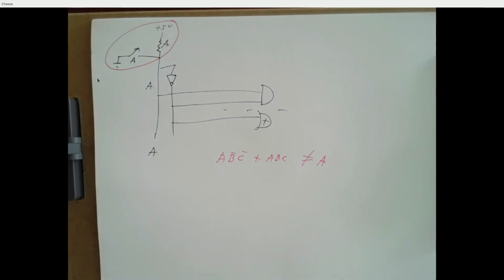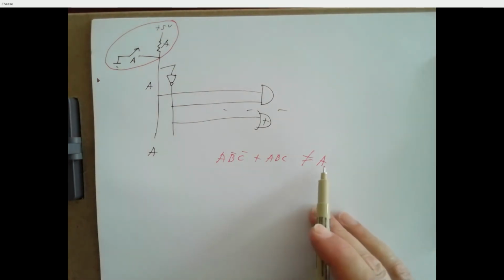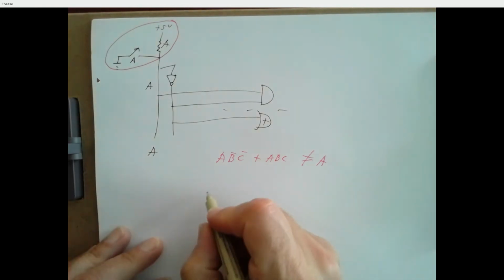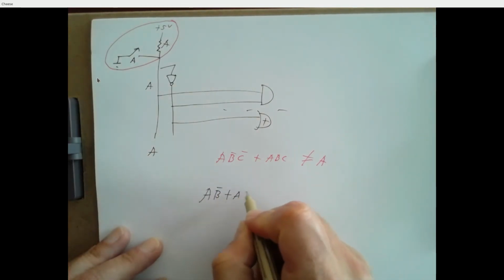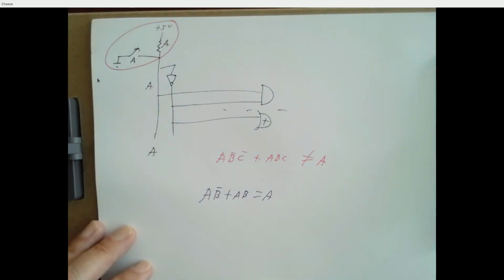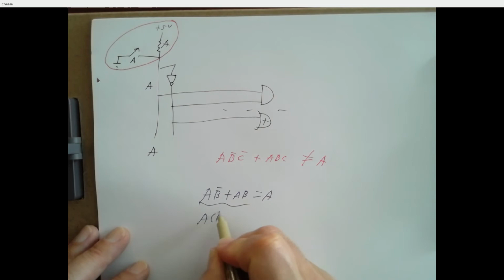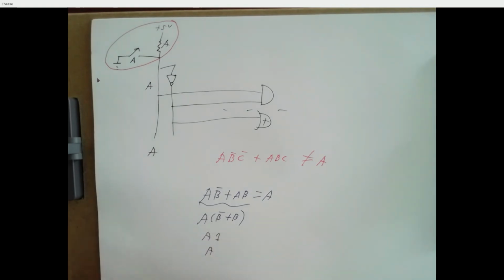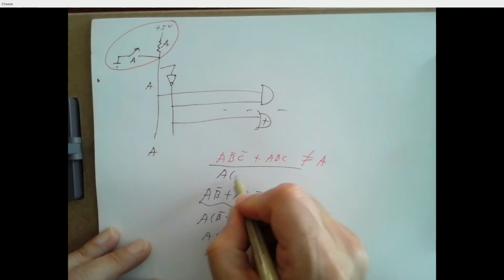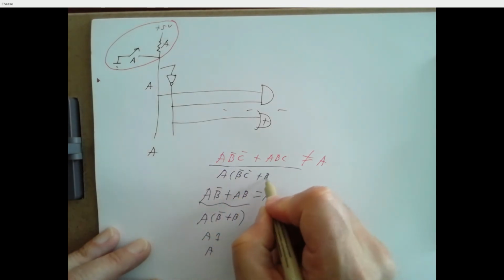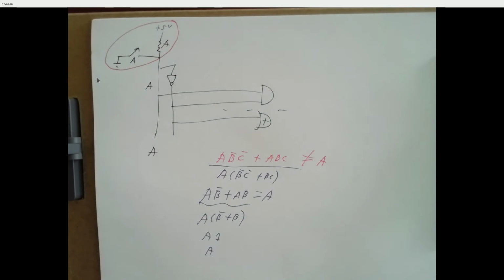This is not the same as A. We can use adjacency theorem and we can say AB bar or AB is the same as A. Basically what we're doing here is factoring out the A. And we know that B bar or B, one of those has to be true, so this is really just A and 1, which is just A. But if you factor out an A from here, what you get is this, and this is not equal to 1.